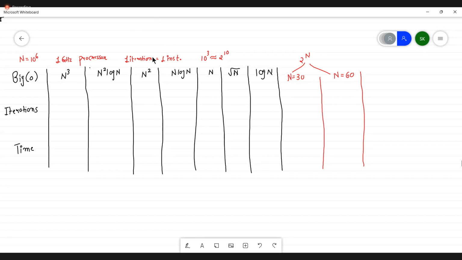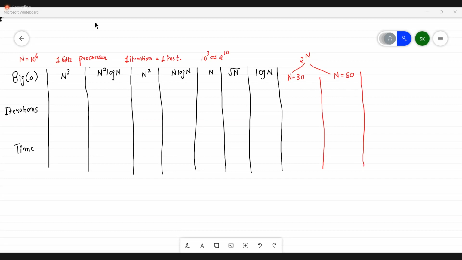You already know that 10 to the power 9 instructions are getting executed in 1 second. Yes or no? So according to that, you have to find the time and iterations for all the time complexities. Up to here, you have to consider n equals 10 to the power 6. For the last two scenarios, you have to consider n equals 30 and n equals 60.